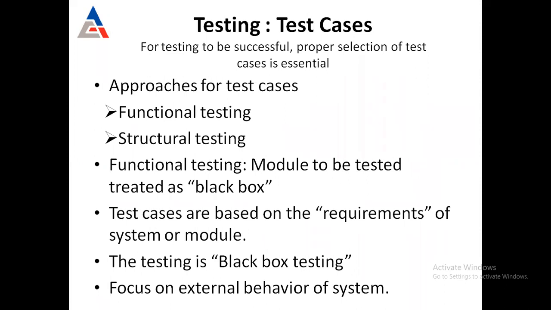And if you are getting the wrong output as per the input, it means something is wrong in the system. So you will tell the software engineer that you're not getting the correct output as per the input, so it means something is wrong at your end. So kindly improve it. The test cases can be based on the requirements of the system or modules.